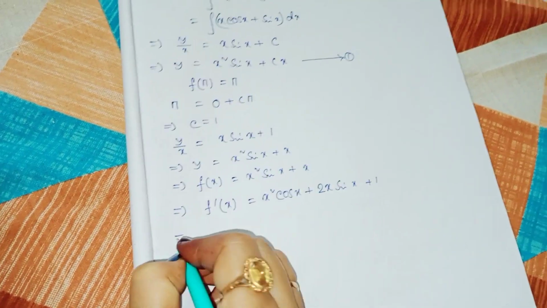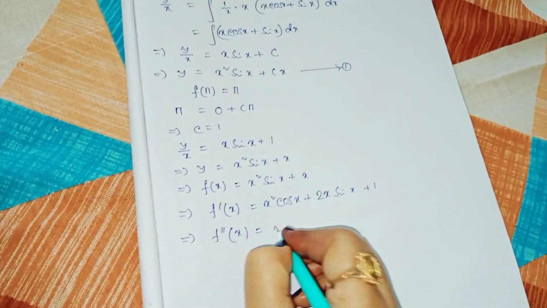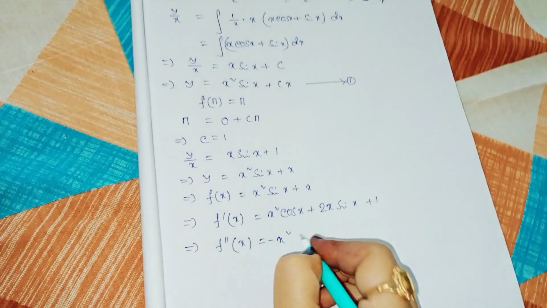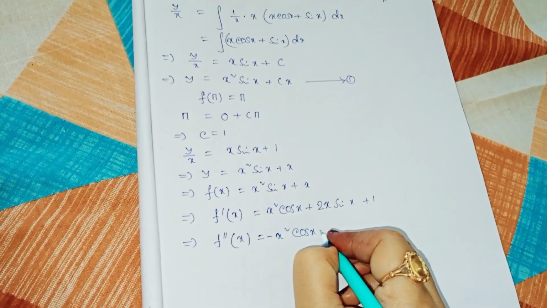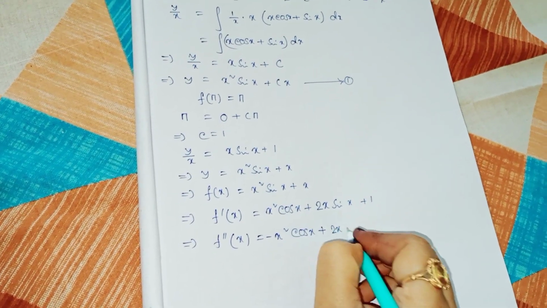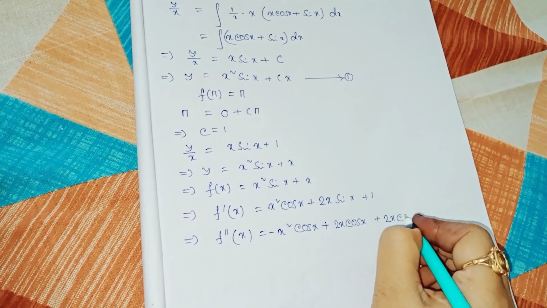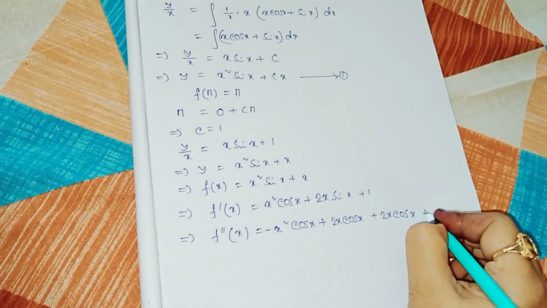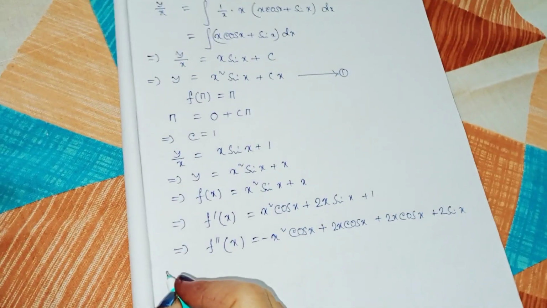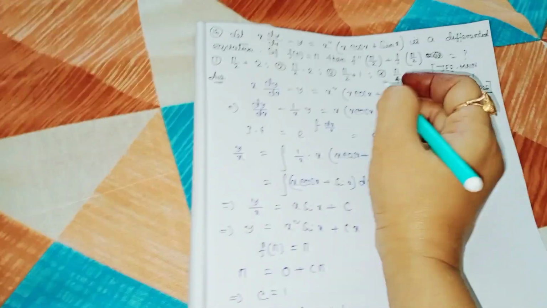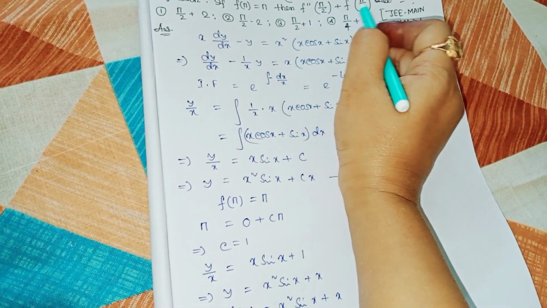Now f''(x) is equal to what? f''(x) is equal to, it is minus here, x squared sin x plus 2x cos x plus 2x cos x plus 2 sin x. And we should calculate the value of f''(pi/2) plus f(pi/2).